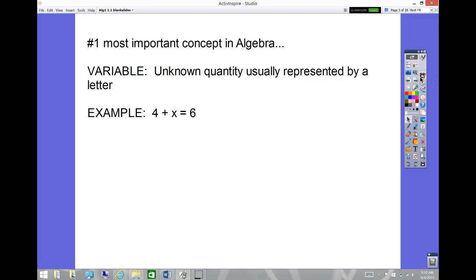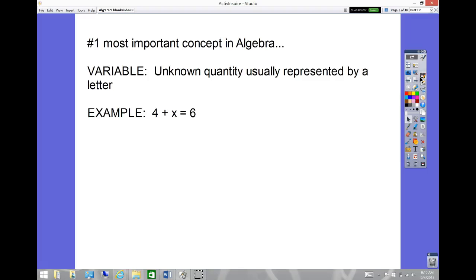In this case, I've written an example which says 4 plus x equals 6. So this is an equation that has an equal sign. We recognize the 4 and we recognize the 6, and the x is our variable. x is by far the most used letter for variables, but we use other letters for variables too, especially if it represents something real in the problem.